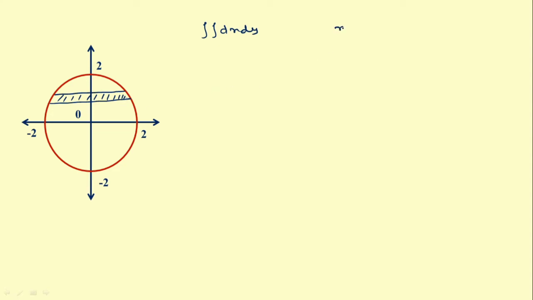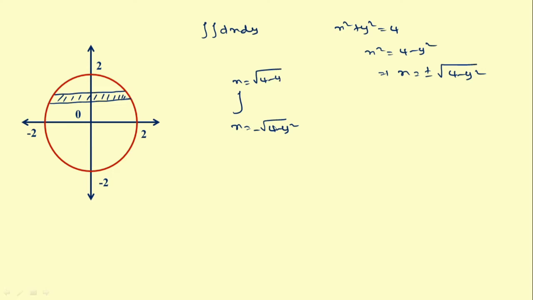From the formula x square plus y square equal to 4, x square equal to 4 minus y square, which implies x equal to plus or minus square root of 4 minus y square. Now the function limits are x equal to minus root of 4 minus y square to x equal to square root of 4 minus y square, that is dx.